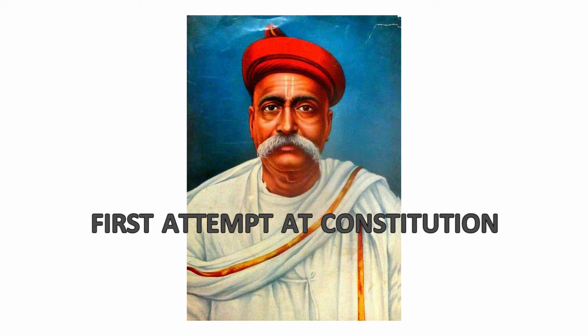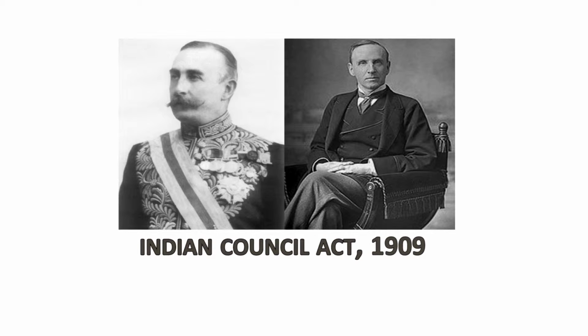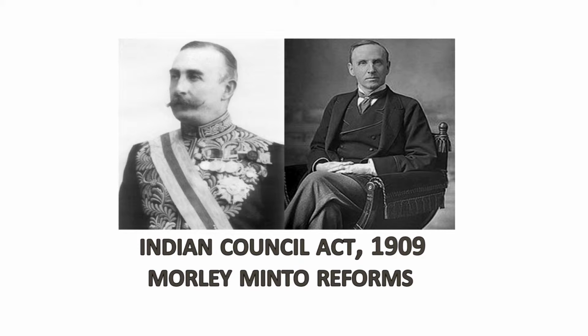Indian Council Act 1909 came under the leadership of Morley and Minto. This is the reason Indian Council Act 1909 is also known as Morley-Minto reforms, as Morley was the Secretary of State and Minto was the Viceroy of the country.